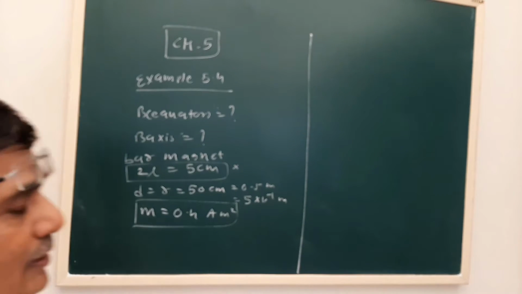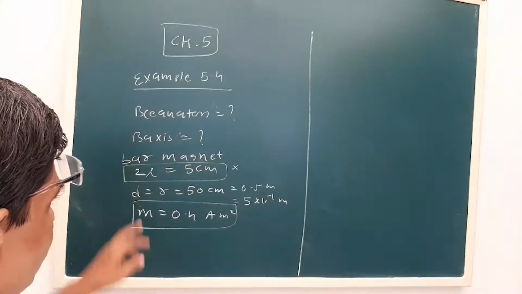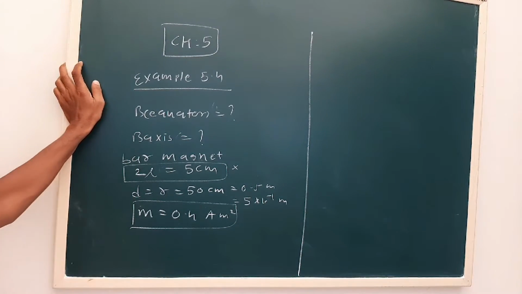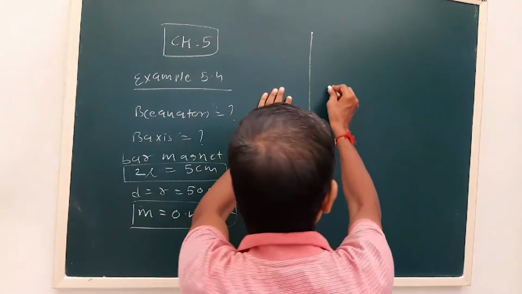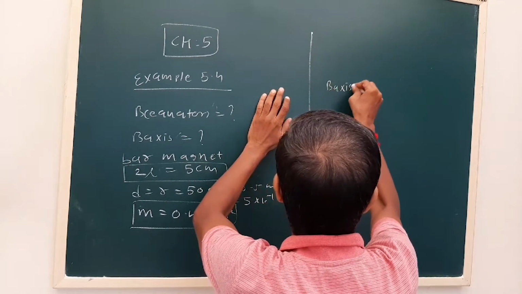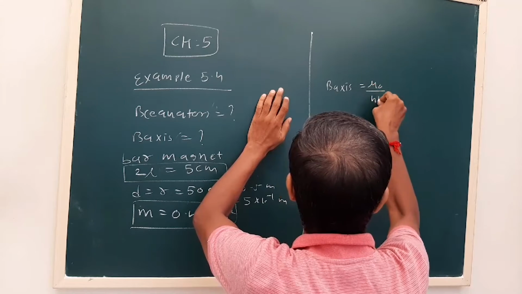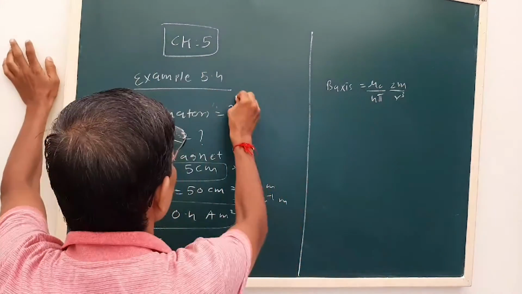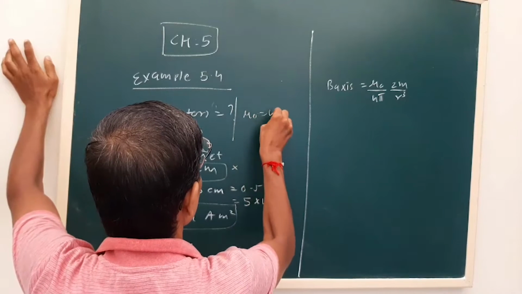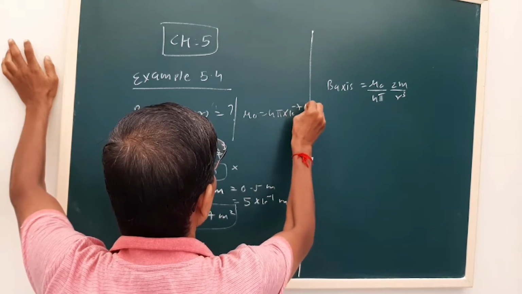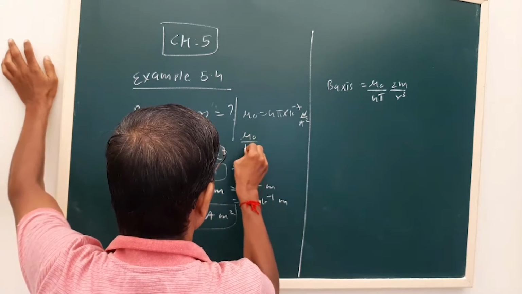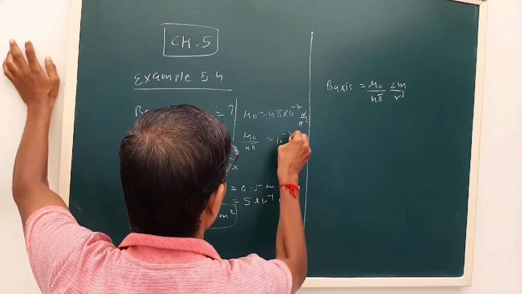Now we have derived the equation for the magnetic field at the axis and equator of a bar magnet. So we know the formula: B axis is mu 0 upon 4 pi, times 2m upon r cube. Mu 0 is 4 pi into 10 to the minus 7 Newton per ampere square, so mu 0 upon 4 pi will give 10 to the minus 7.